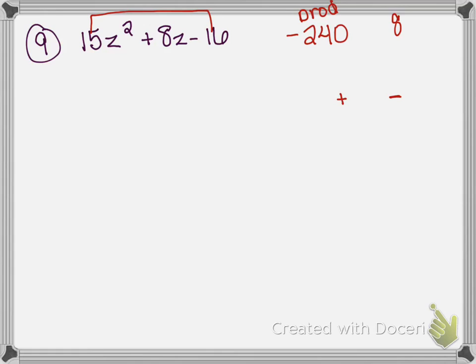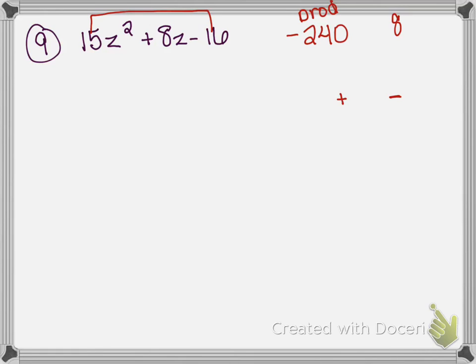Okay, now, negative 40 seems like a very big number. Okay, but it's not terrible. It's a multiple of 10. Okay, so because it's a multiple of 10, I'm going to start there. So I'm going to say positive 10.